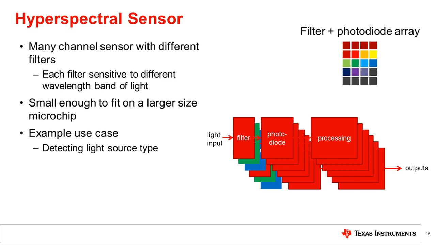A hyperspectral sensor may have up to 20 channels, allowing the sensor to report power levels for up to 20 wavelength bands. This type of sensor could be used for differentiating between the different types of light sources covered in video 2. However, the size and cost of the sensor will scale with the number of channels. Now, we will look at application-specific sensors with fewer channels.